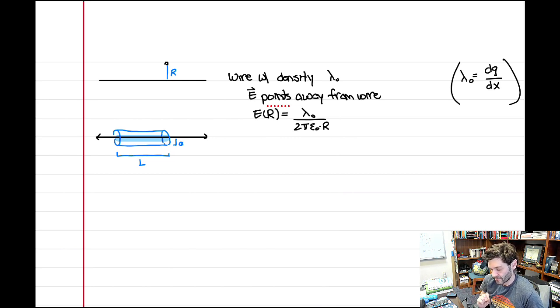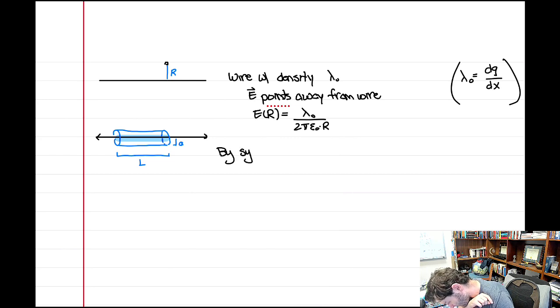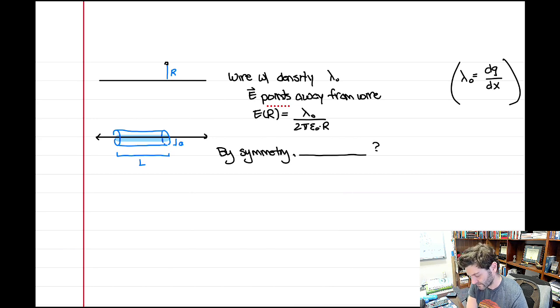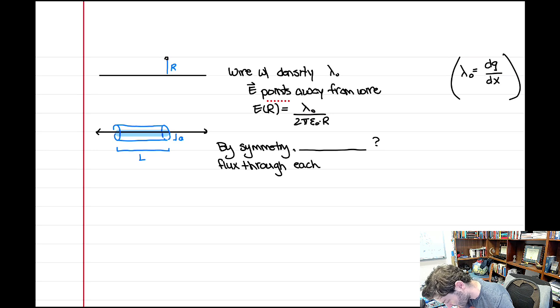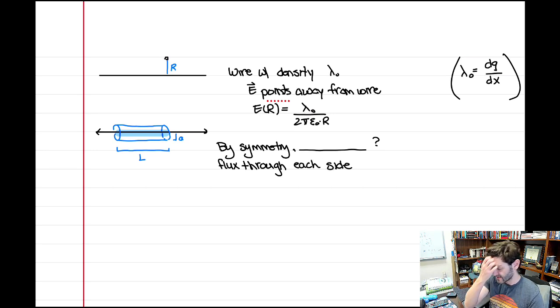For this problem, by symmetry, what can you say about the electric field? Then write the flux through, and look at what is going to be the flux through each of the sides of the cylinder.